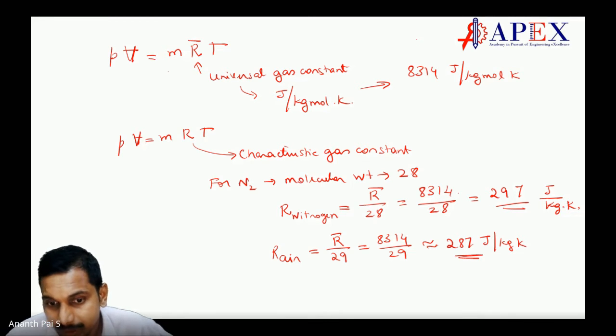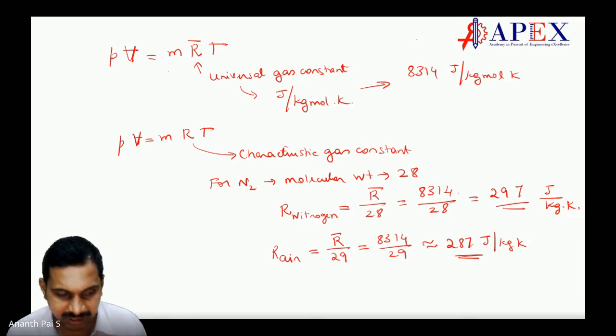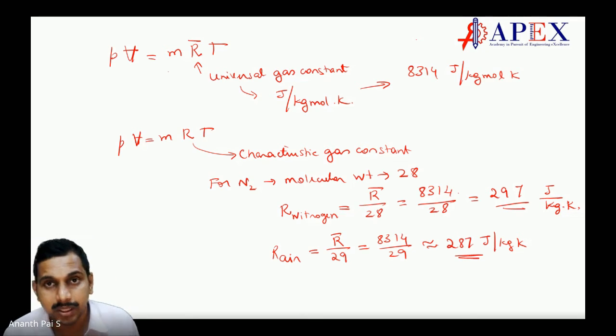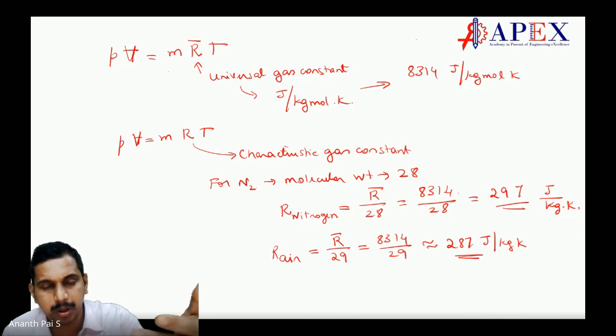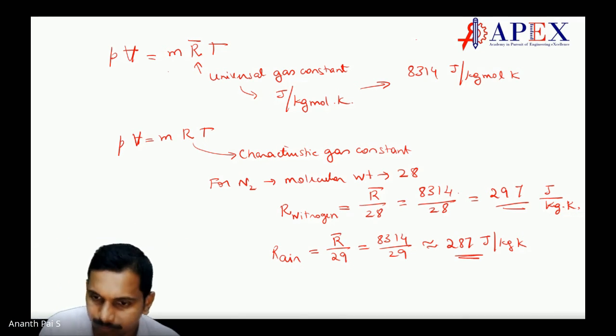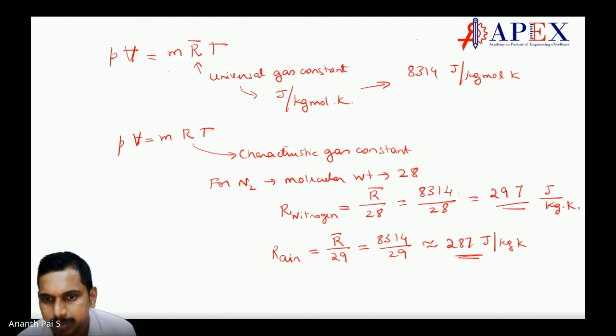Very important. R for air is 287 joules per kg Kelvin. We will do a lot of problems. Now I am introducing all the equations to you. Slowly we will do problems. At that time you will understand much more.